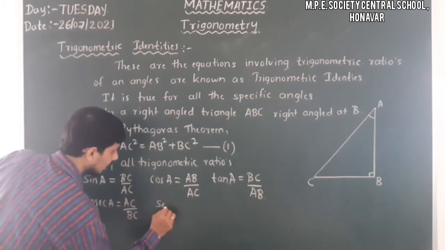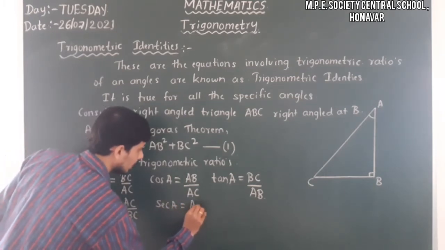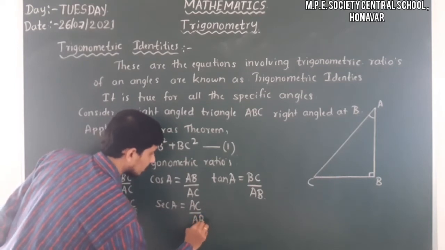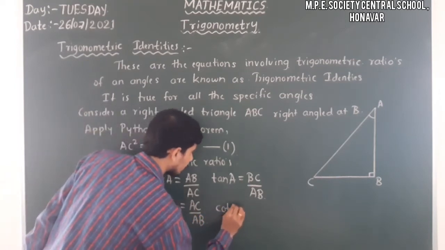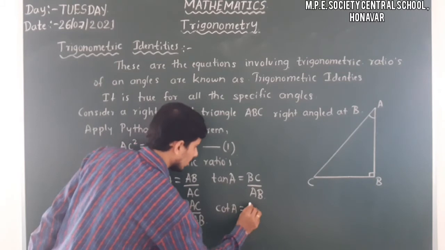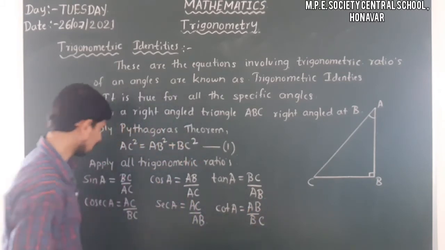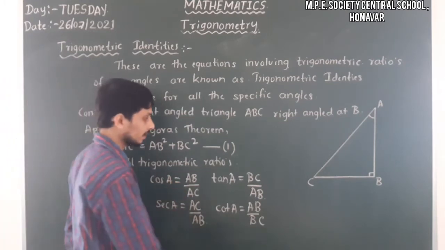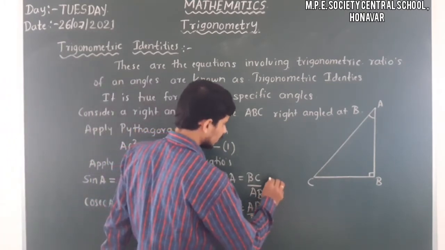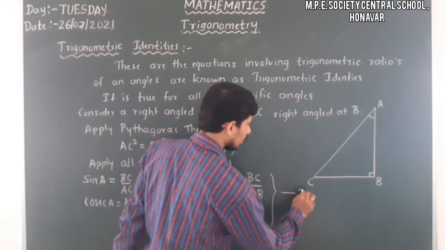Then secant A is equal to AC by AB. Then cot A is equal to AB by BC.